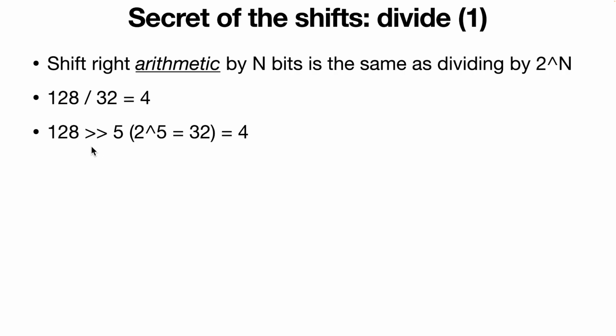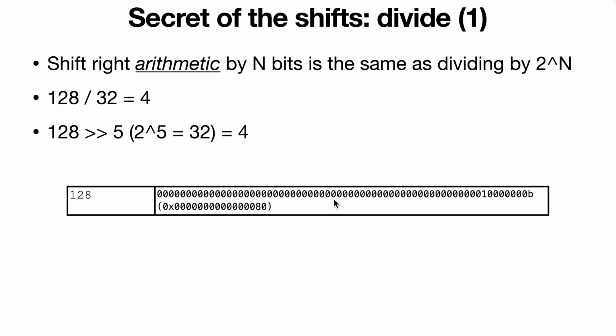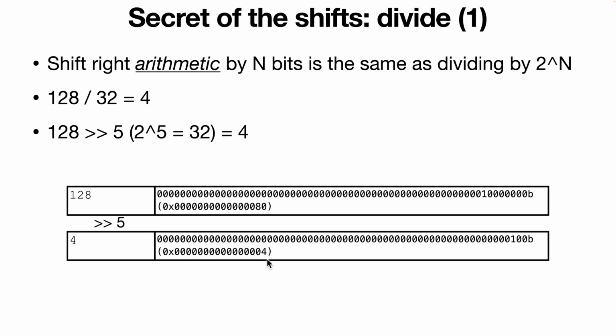So 128 divided by 32 should be 4. Here's 128 in binary and hexadecimal. It's hex 80. And if we right shift that by 5, then we see a value of 4. So again, here the 1 was here, and we did a right shift by 1, 2, 3, 4, 5, and that is indeed binary 4.